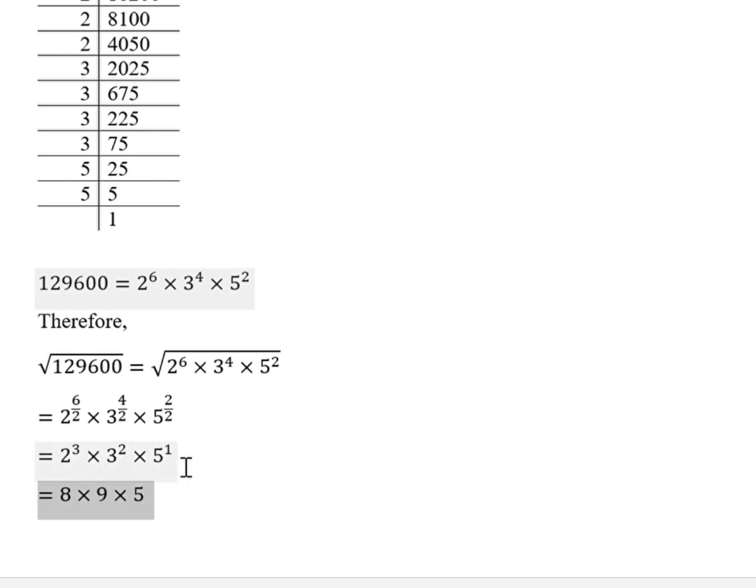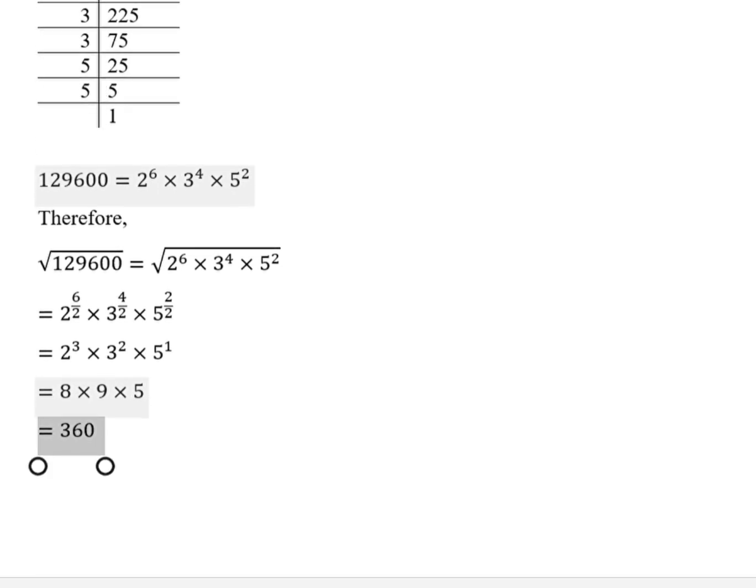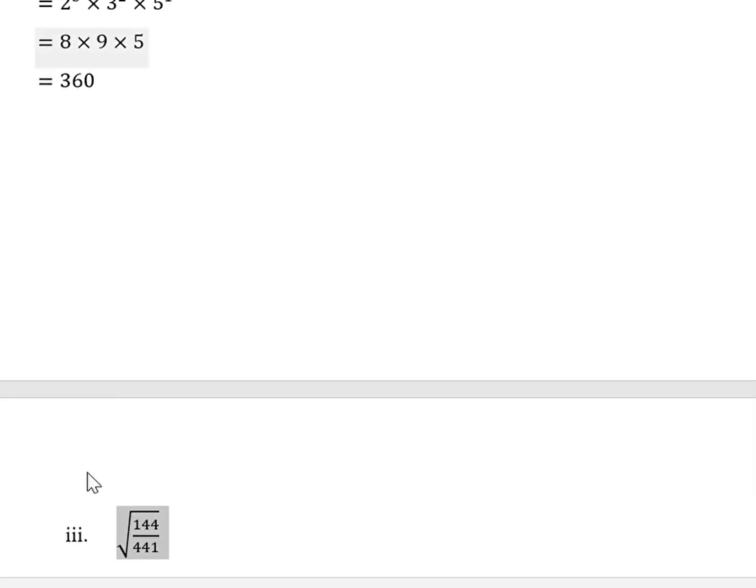In normal notation, that would be 8 times 9 times 5, and that gives us 360. And that means the square root of 129,600 is actually 360.